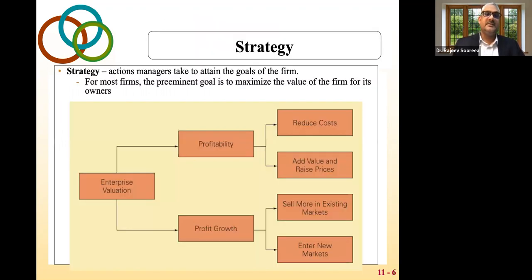Now, for most firms, the main goal is to maximize the value of the firm for its owners, right? This is what most firms seek. Now, how do you value an enterprise? You can value an enterprise by focusing on profitability or profit growth. Profitability basically means to reduce cost or to raise the value of your products or raise the prices of your products, depending on elasticity of your product.